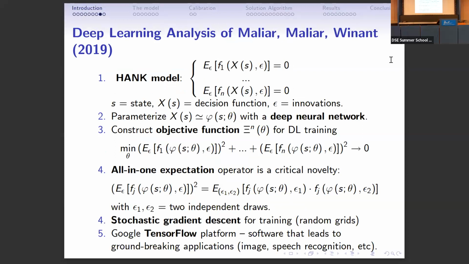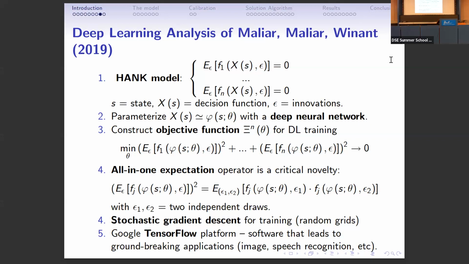So this slide summarizes this previous work with Sergey and Paul Blavinant. And I wanted to emphasize maybe one of the key features of this algorithm, which I think is very important for heterogeneous agent models, which we called all-in-one expectation. Notice that in the way I specify processes for shocks, they are continuous processes, right?